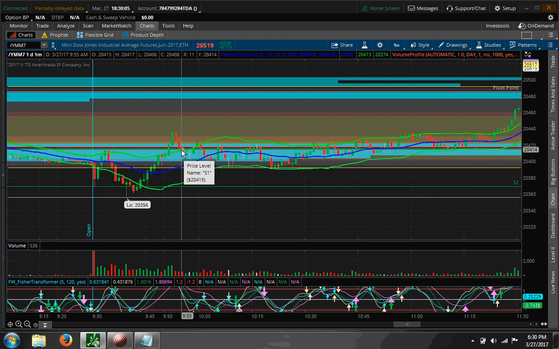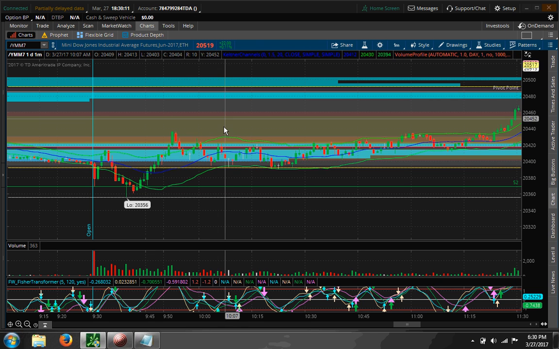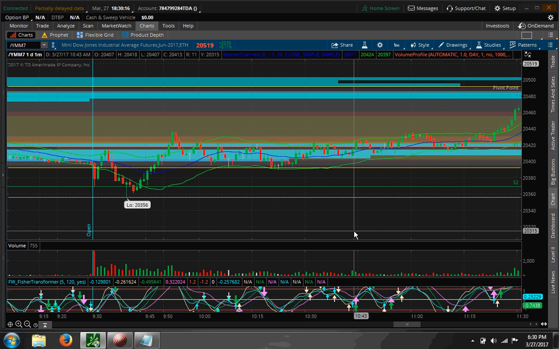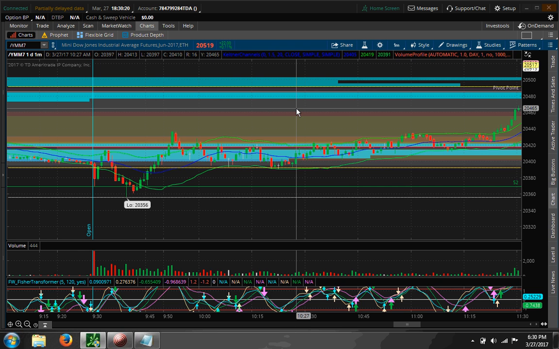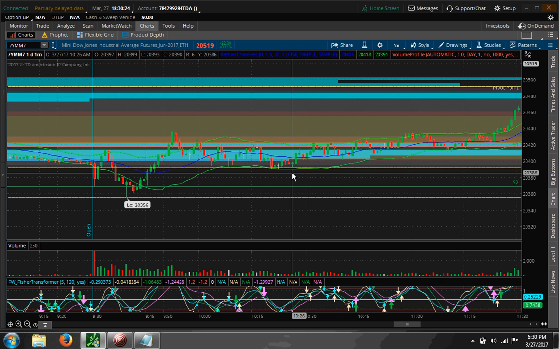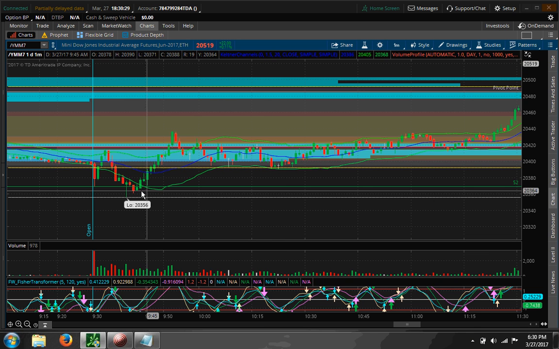The point of control wasn't at this area at 10 o'clock in the morning, nor was the value area drawn completely. It was a lot smaller. It was more like here and down here, but it started moving down as the day went on, especially when you had these areas coming down.